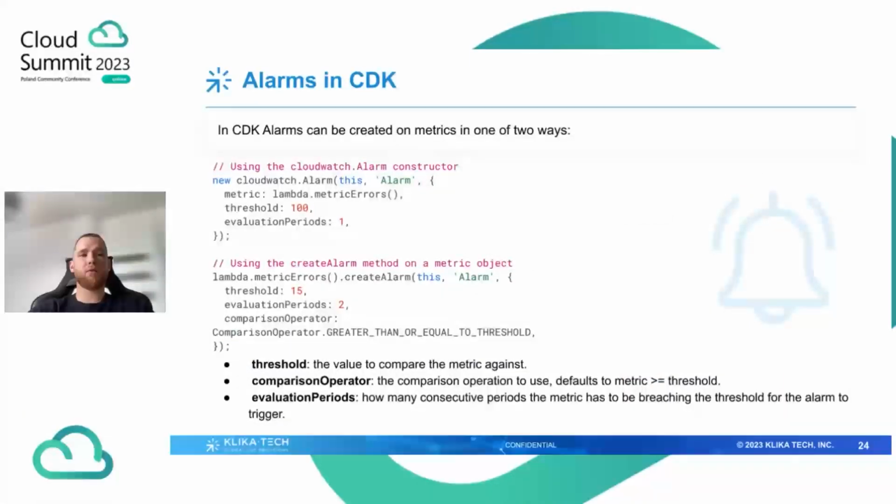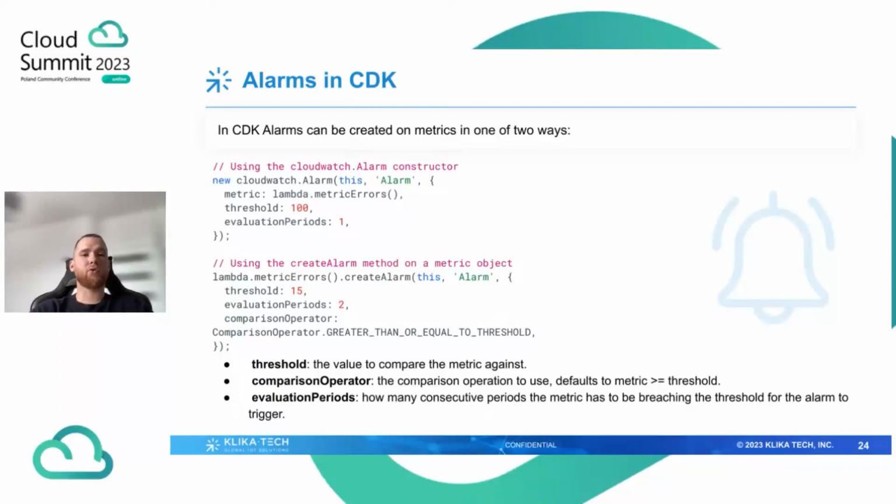In CDK, an alarm can be created on top of a metric in one of two ways. The first way is to use the CloudWatch alarm constructor and pass in a metric object that you want to create an alarm for. Then you can specify the threshold, evaluation periods, and any other properties of the alarm.